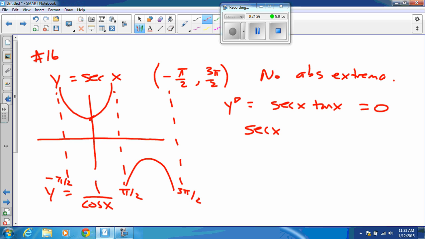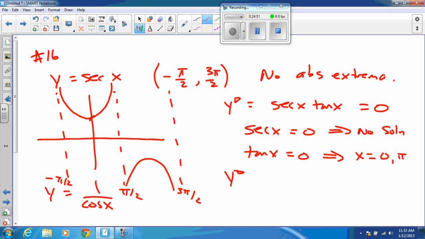And we see that this means that either secant x equals 0 or tangent x is equal to 0. This has no solutions, because 1 over cosine x can never possibly be 0. And this has the solutions when sine x is equal to 0, of x is equal to 0 or pi. These are indicated points.